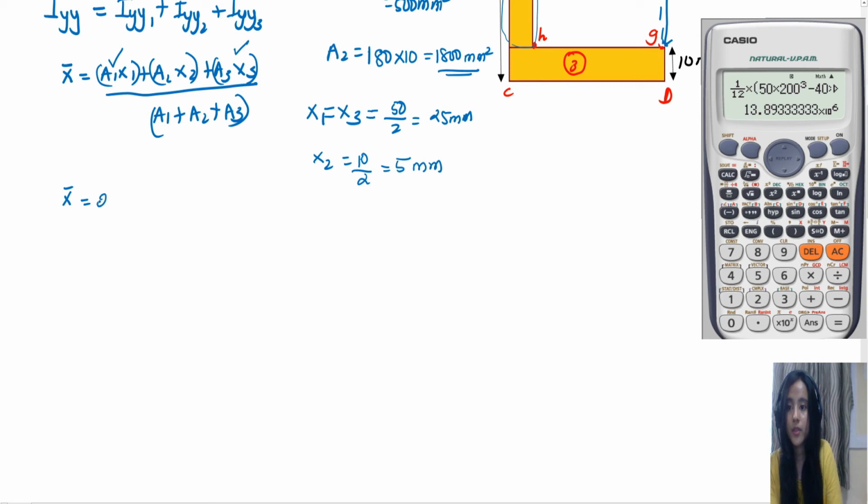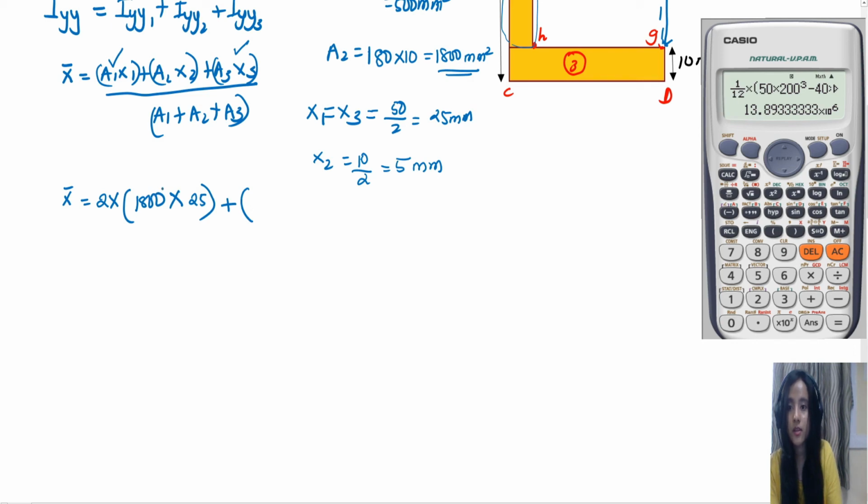So it will be 2 into area 1800 into x1 and x3 equals 25.